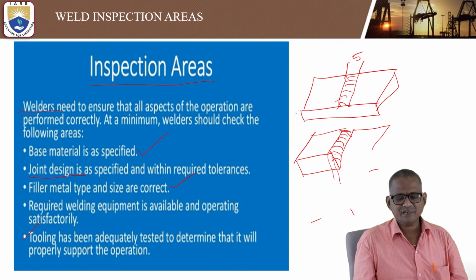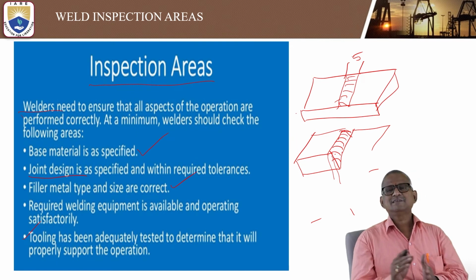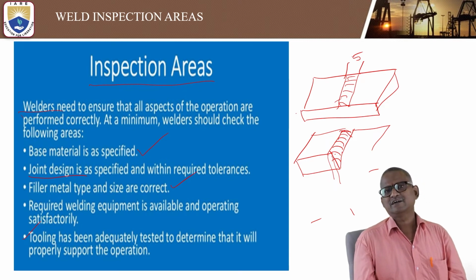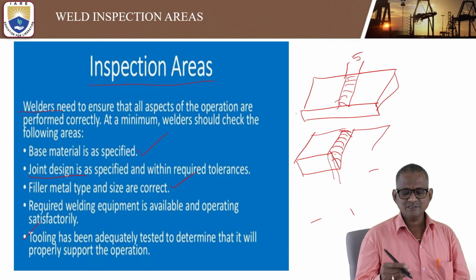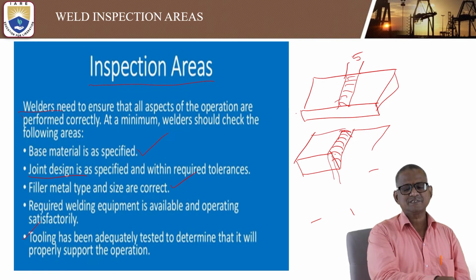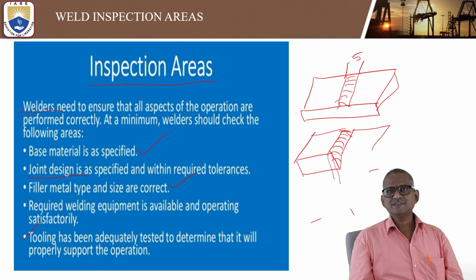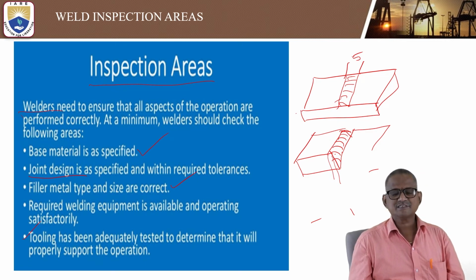All these things should be considered. If any changes occur, definitely it leads to some vibration, which leads to unwanted weld quality. Okay, so that is what about the inspection areas to be tested. Then only you can identify the various destructive tests in this case.